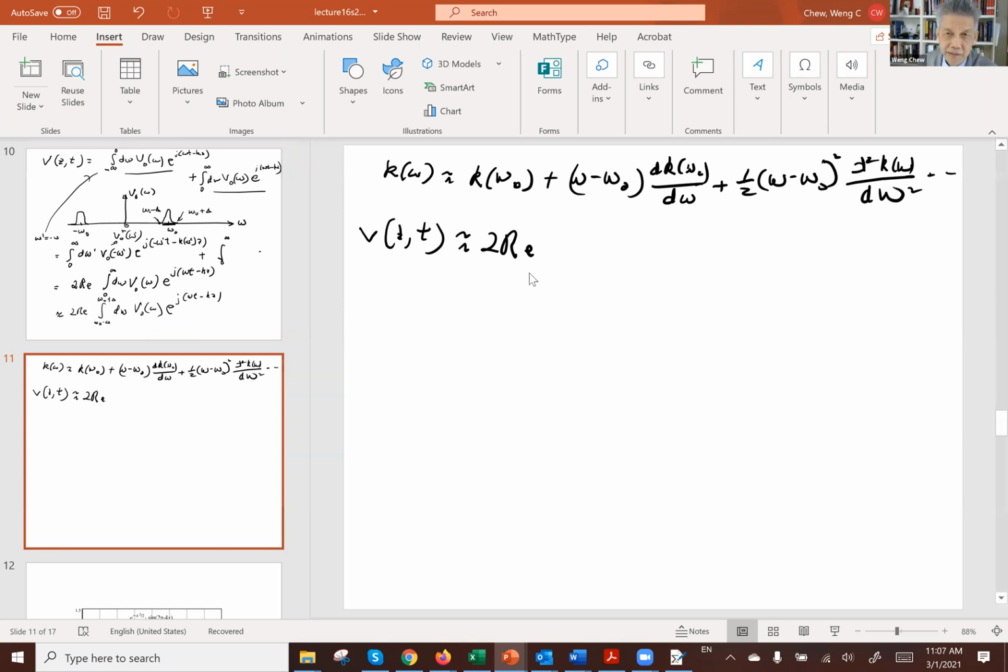Okay, and then by doing a nice trick, I also take out another term outside the integral, which is also independent of frequency.